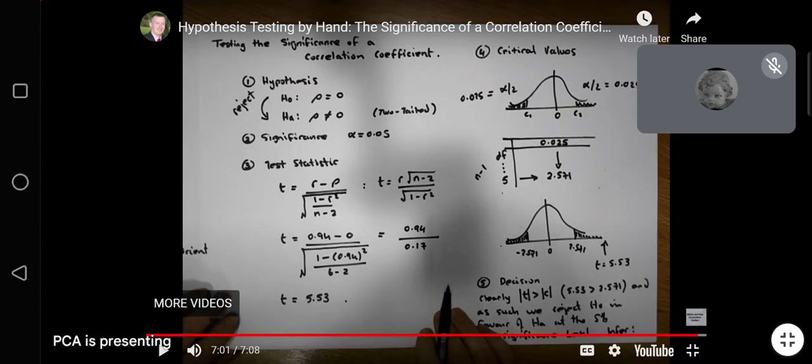Did you get that? Lucky, 5.53. So you're rejecting the hypothesis that there is no significance. You reject that and go to the opposite, the alternative, that it is not equal to 0. It is beyond the critical region.